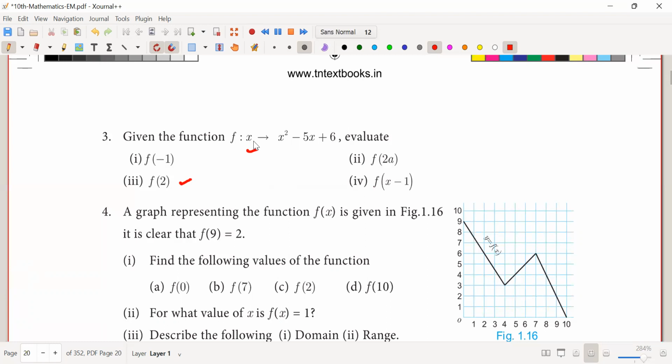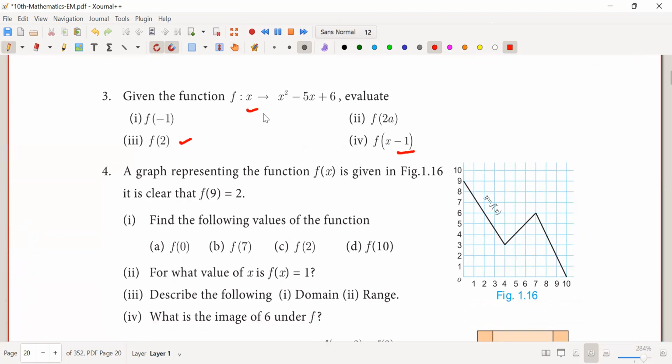Then f of x at minus 1, what do we get? You just have to substitute the value of minus 1: minus 1 whole square minus 5 into minus 1 plus 6. This is 1 plus 5 plus 6.